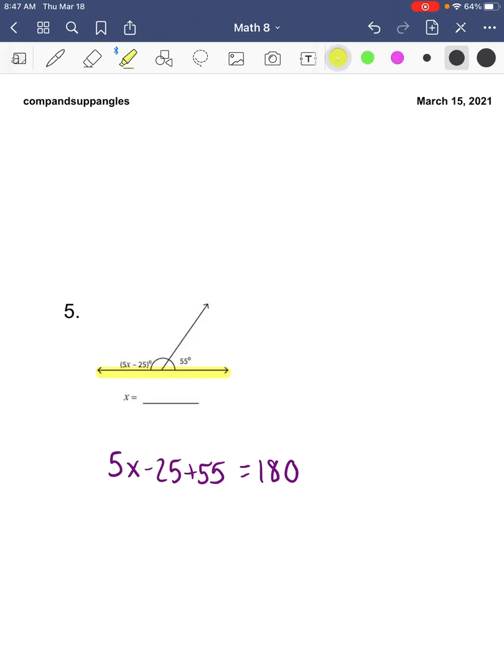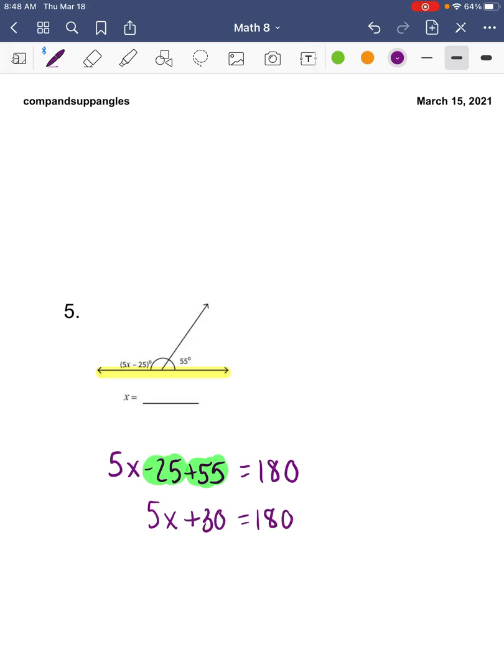So first we are going to combine our like terms. Our like terms are negative 25 and positive 55. So we're going to bring down our 5x, and after we combine negative 25 and 55 we get a positive 30.